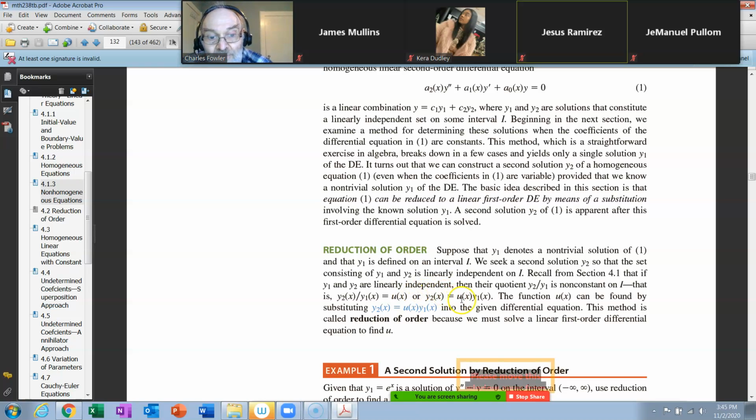Or y2 is equal to some u of x times y1 of x. Just multiply both sides by y1. The function u of x can be found by substituting that value into the differential equation. That method is called reduction of order because we must first solve a linear first order differential equation to find u. All right, we're going to have to stop there because we've just run out of time.